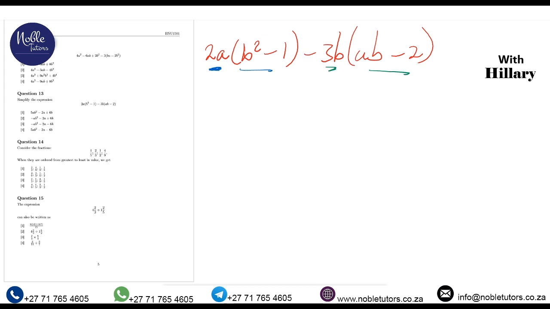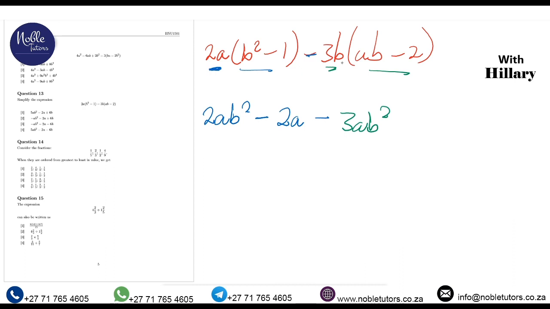So 2a times b squared gives us 2ab squared. Minus 2a times 1 is going to be minus 2a. Then minus 3b times ab, we're going to get minus 3ab squared, where b and b becomes squared.